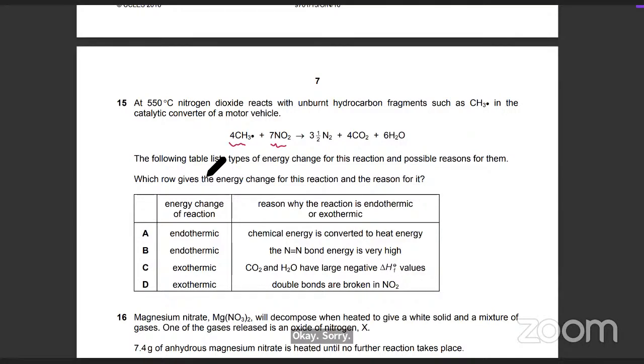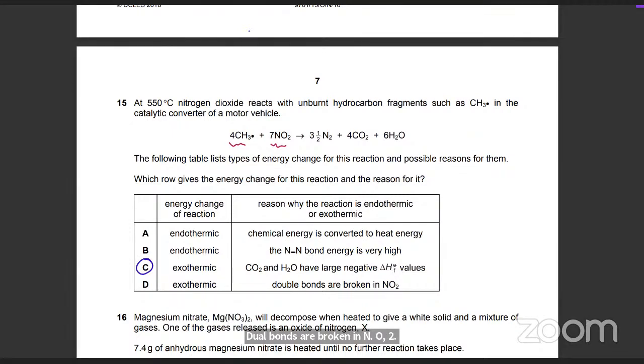There's reduction happening as well. So exothermic, carbon have large negative delta HF values. और दूसरा दिया double bonds are broken in NO2. C makes a lot more sense.